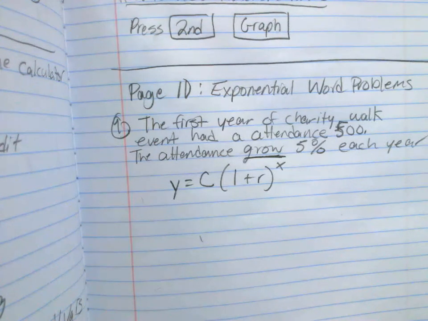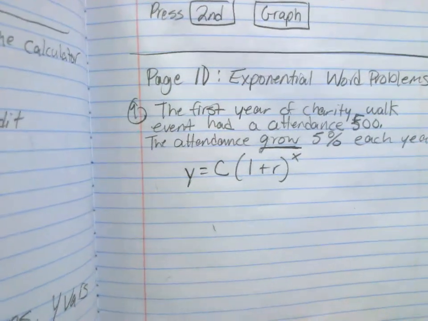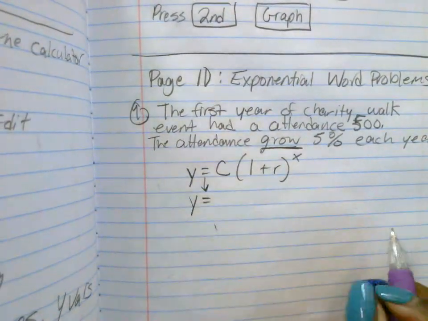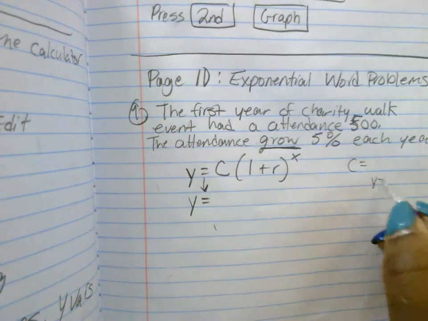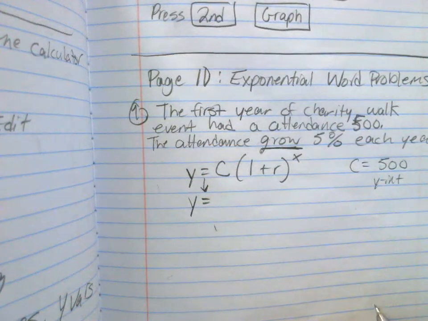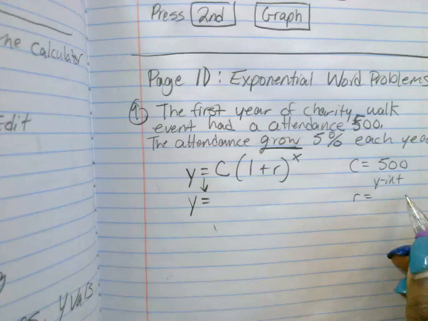So now we're going to substitute the values from the problem into the formula, and then we're going to solve. So Y is equal to, what's our C in this case? What's the starting amount or the Y-intercept? 500. What's the R in this problem?